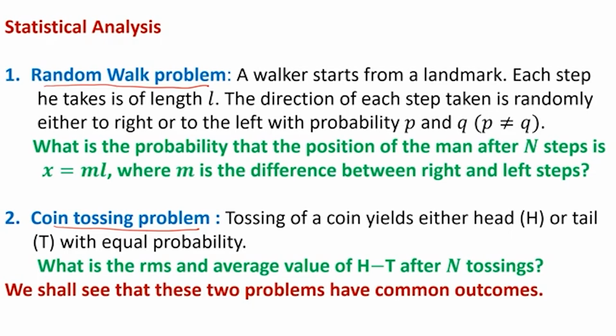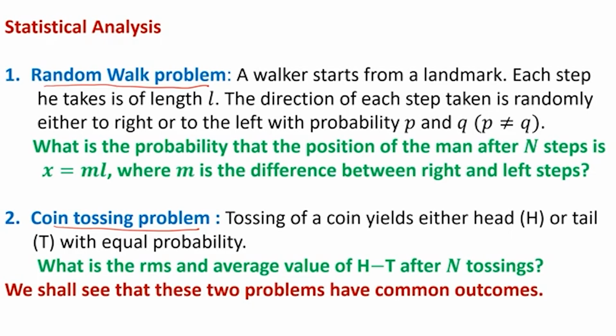The only constraint is that the step sizes are of equal length L, so the direction of each step is randomly either to the right or to the left with probabilities p and q respectively. Okay. So, he takes a step to the right with probability p, and to the left with probability q.